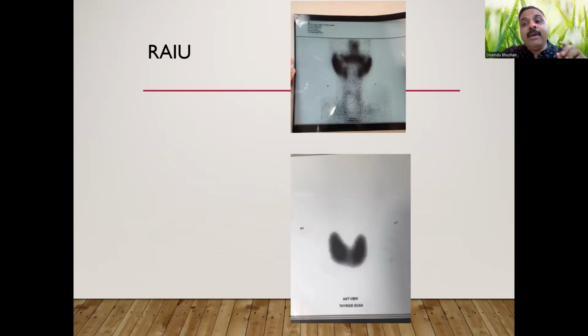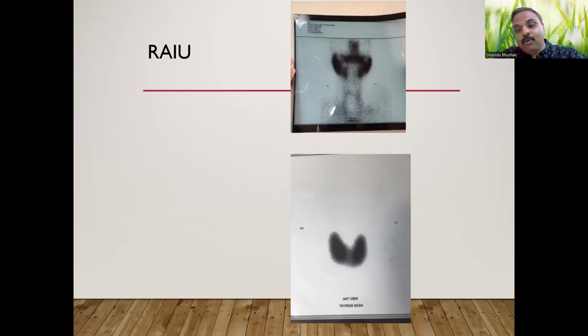So we go for the radioactive iodine uptake. In the above picture, you can see that there is a black spot bilaterally and in the middle. These black spots are the salivary glands, submandibular salivary glands, and the thyroid area below that is not taking any uptake. So this is thyroiditis.